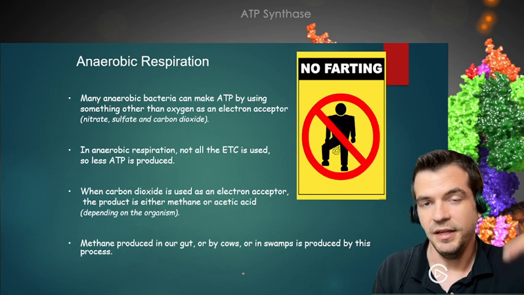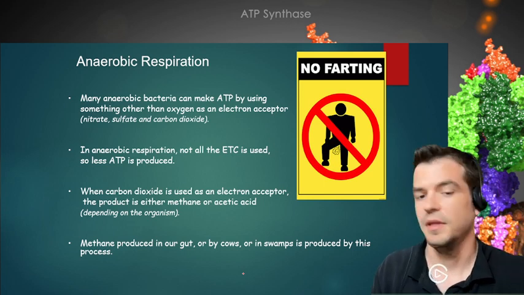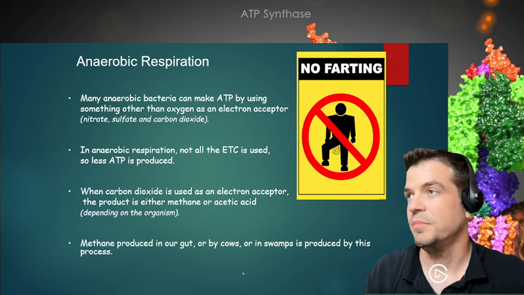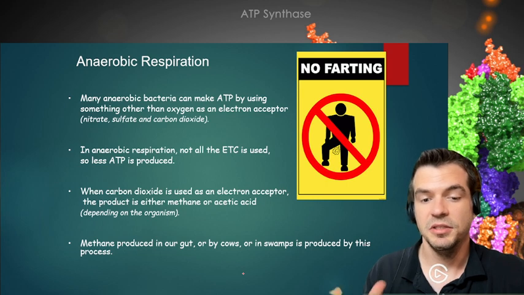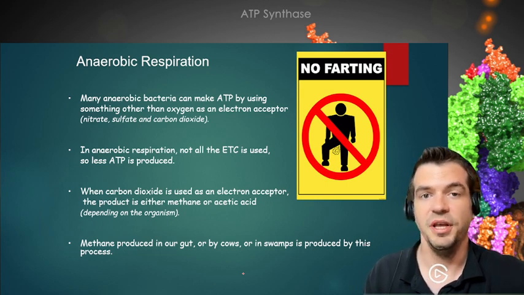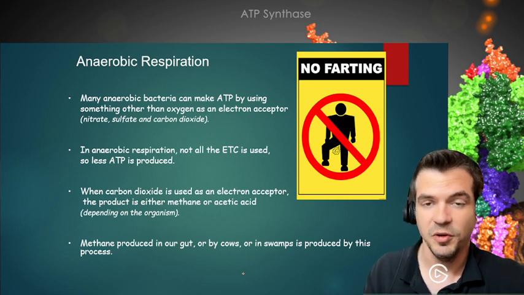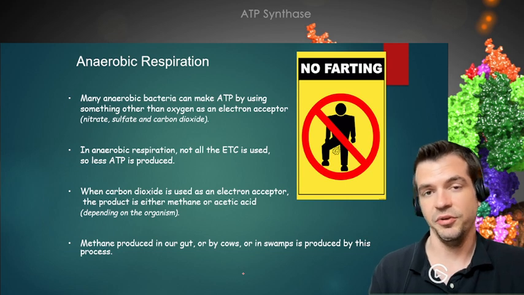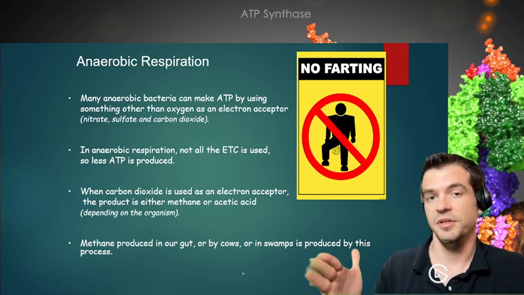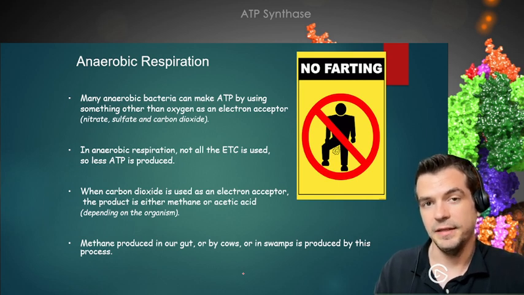Then they clean it and put it back into the ground. It's a natural process, still just as much ATP as aerobic respiration, just a little bit less. We're still talking in the 30s because we've entered the Krebs cycle and the electron transport chain.